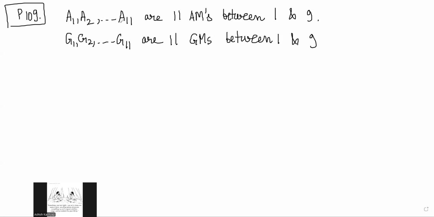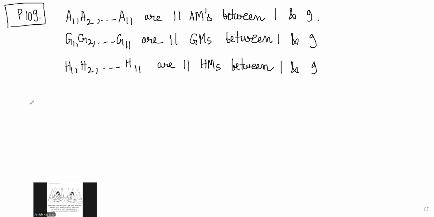So these are 11 arithmetic means inserted between the two numbers 1 and 9. And similarly, G1, G2, G11 are 11 geometric means between the two numbers 1 and 9. And H1, H2, H11 are 11 harmonic means between 1 and 9.